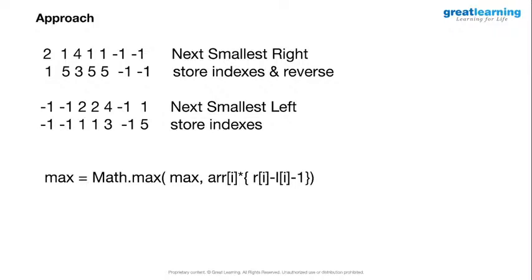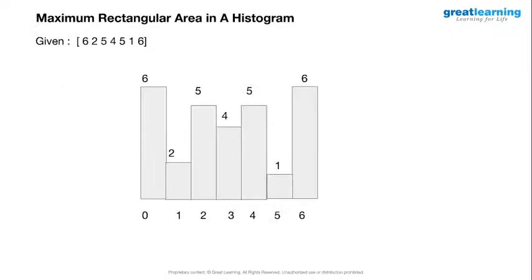If you see the first height, that is 6, the first element. If I want to check what is the smallest element on its right hand side, what will it be? The next smallest, not the immediate smallest, not traversing till the end of the array, but traversing only to the next element.